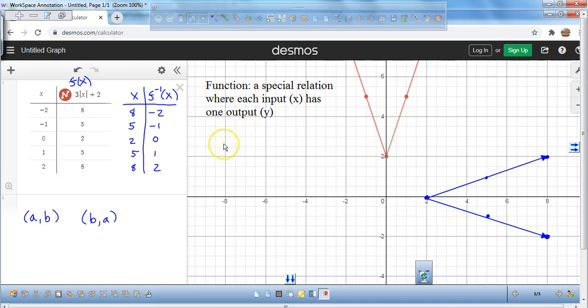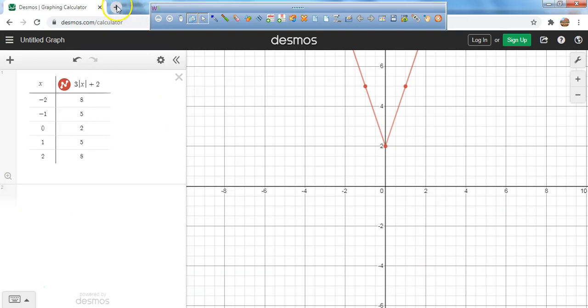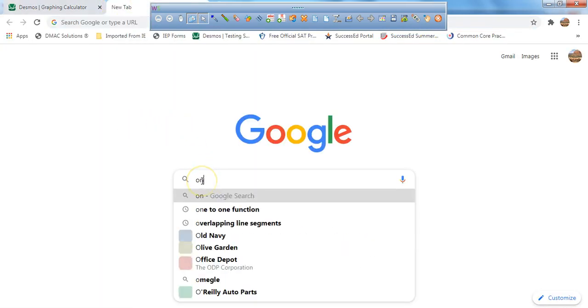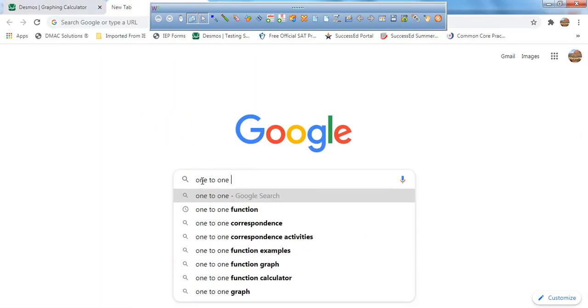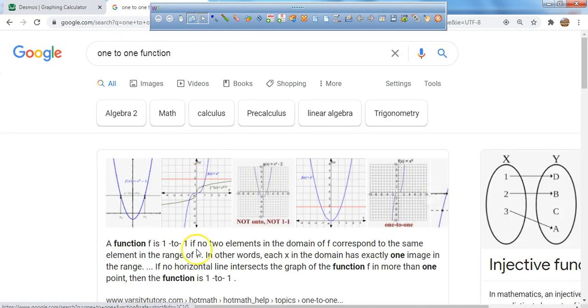So a one-to-one function is where each input only has one y value, and how do I want to say this? You know what? Let's just Google and see if it does a better job of explaining it. One-to-one function versus just a function. One-to-one function: no two elements in the domain correspond to the same element of the range.